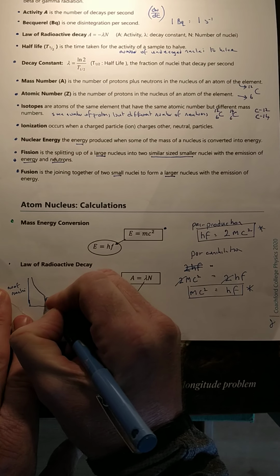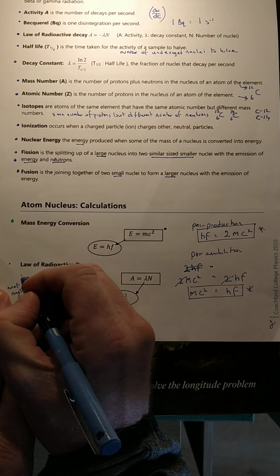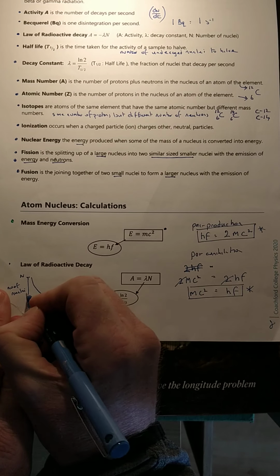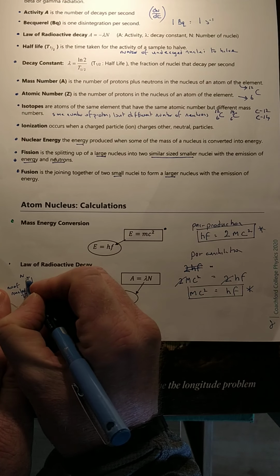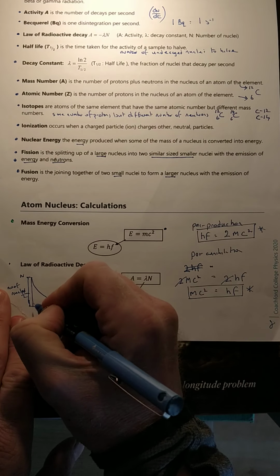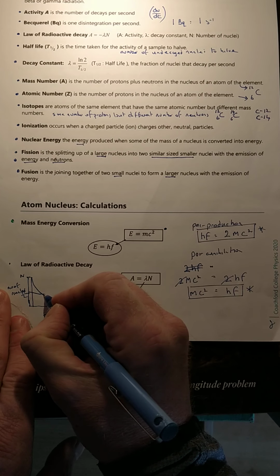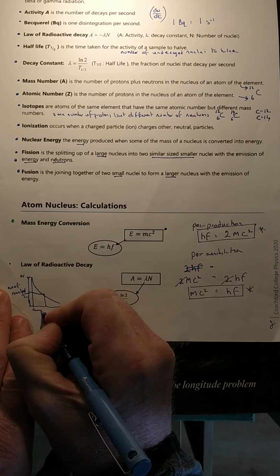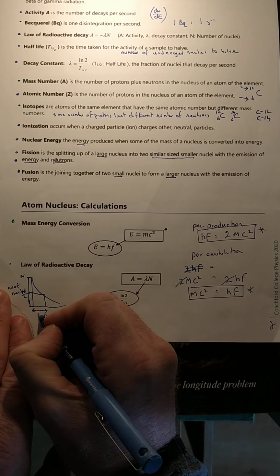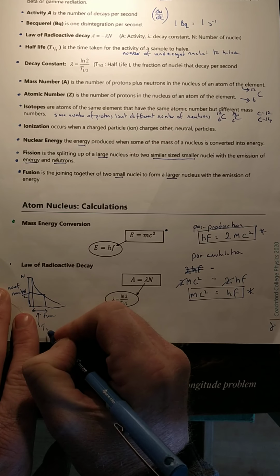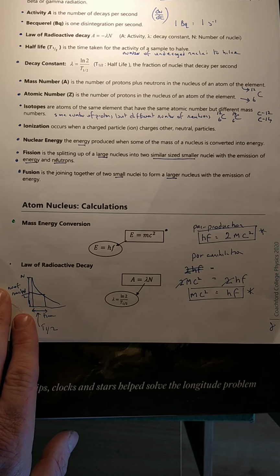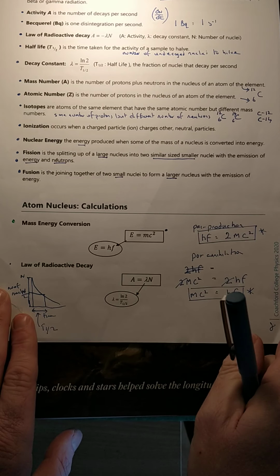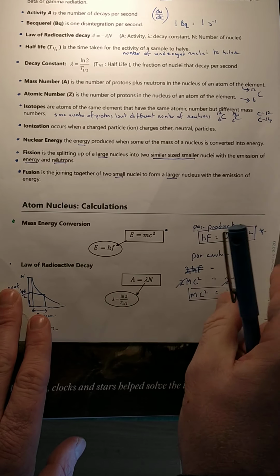We have our decay curve, and remember to get the half-life, we get N, half N, whatever that is, and the difference between these two times is the half-life. So it's worth having that there as well.